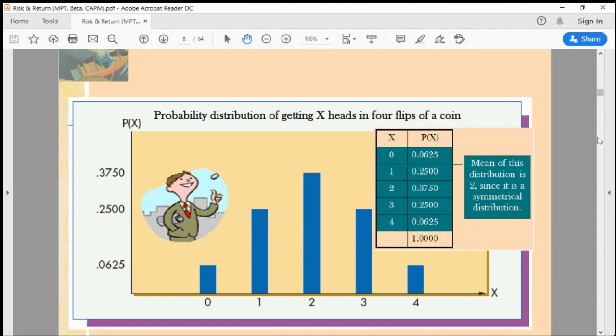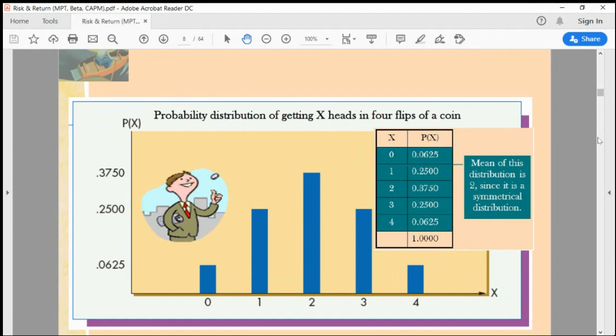If you do 4 flips, there will be 2 to the 4th, which is 16, right? 16 possible outcomes, right?